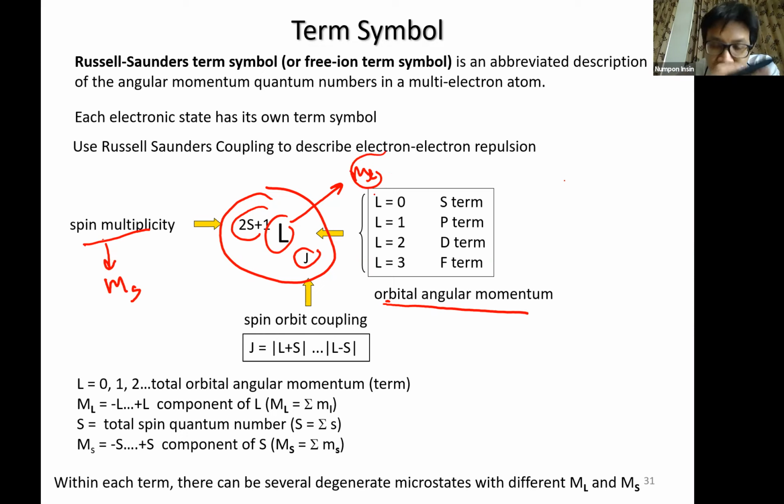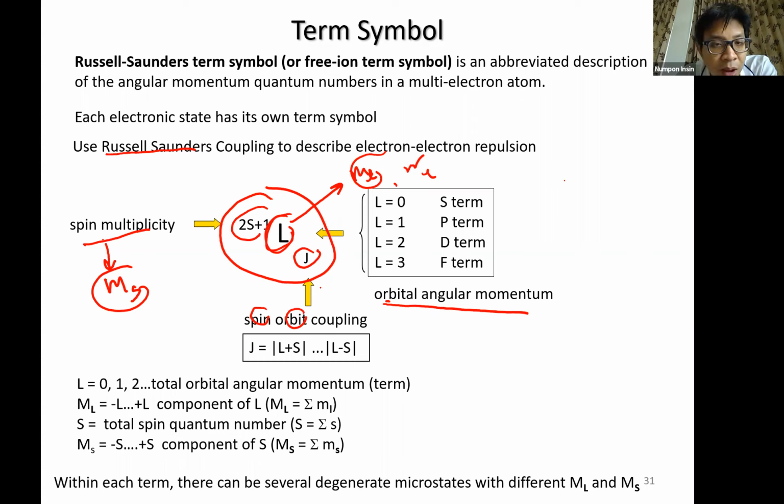If you have 2 electrons, these 2 electrons couple together and give a combination that results in L, the capital L here. For the MS as well, the electrons couple together to give the combined S, but the combination has its own system, which we will talk about later. We call this the Russell-Saunders coupling. And the last one results from spin and orbit, so it comes from the ML and MS coupling together.